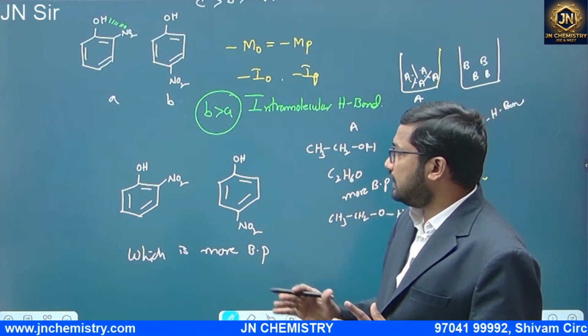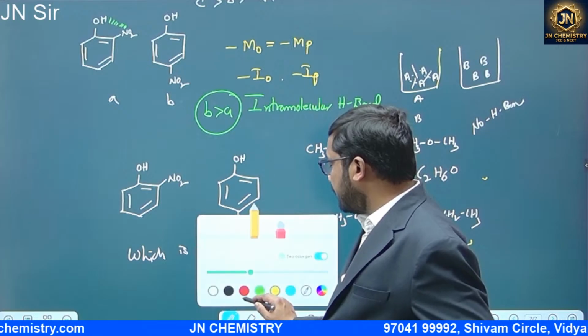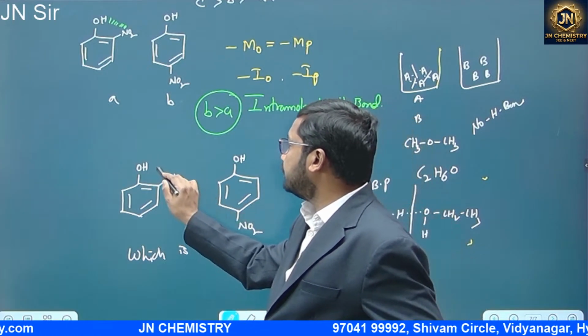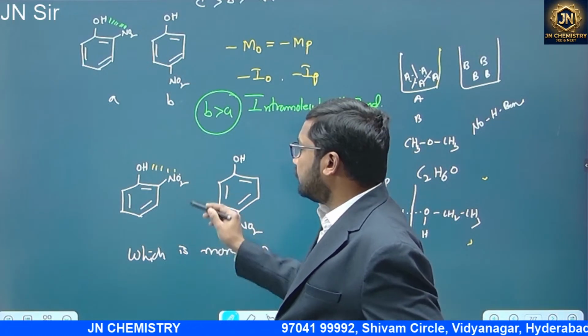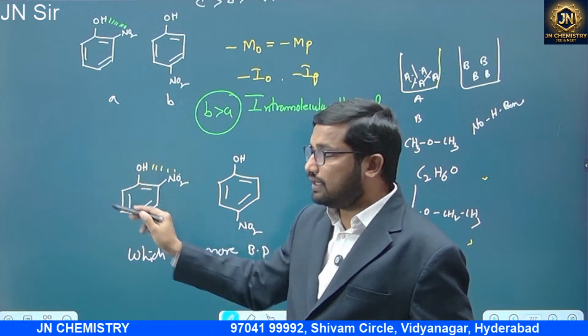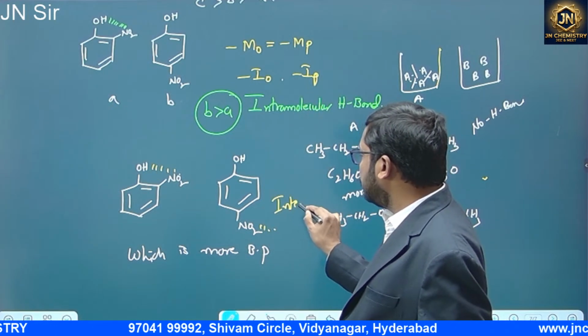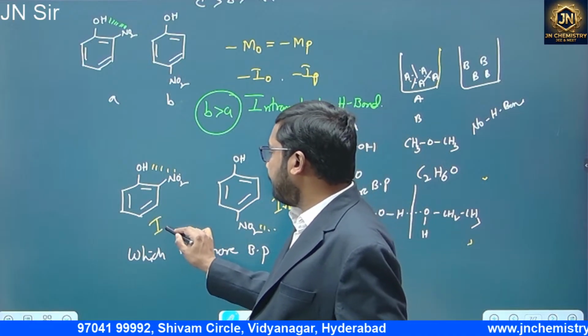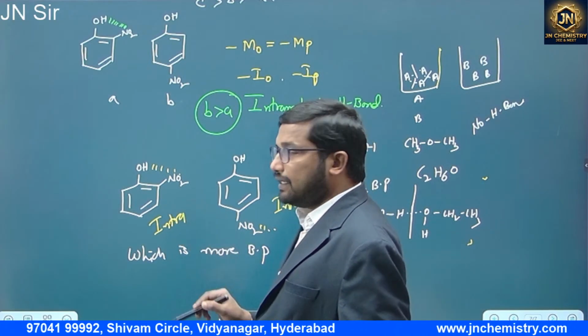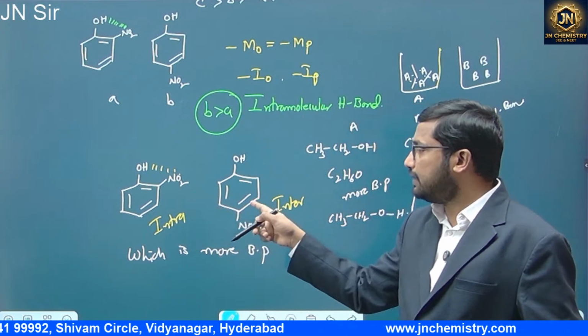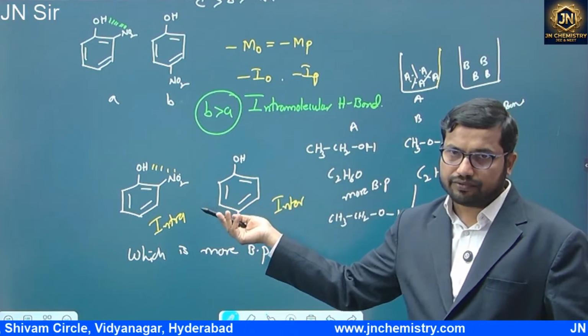The same reasoning applies in this case also. Here it is intermolecular hydrogen bonding, and here it is intramolecular. Intra means within the molecule it is forming the bond, whereas inter means it forms bonds with other molecules.